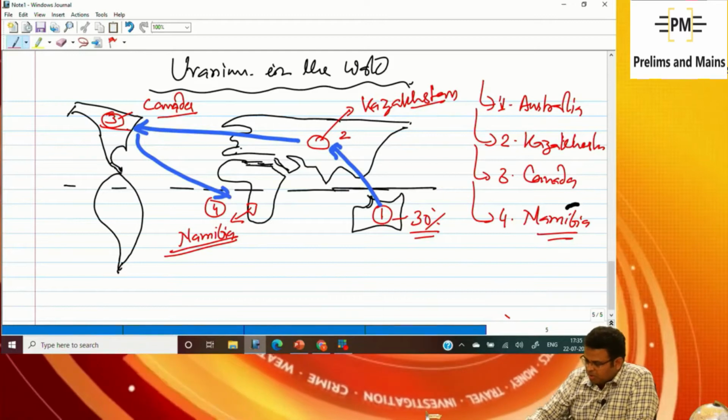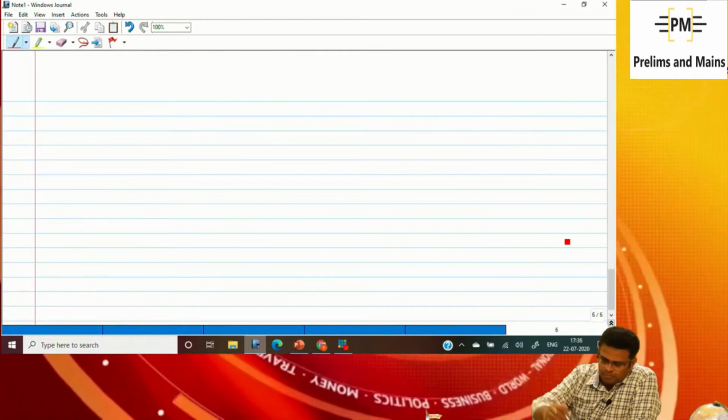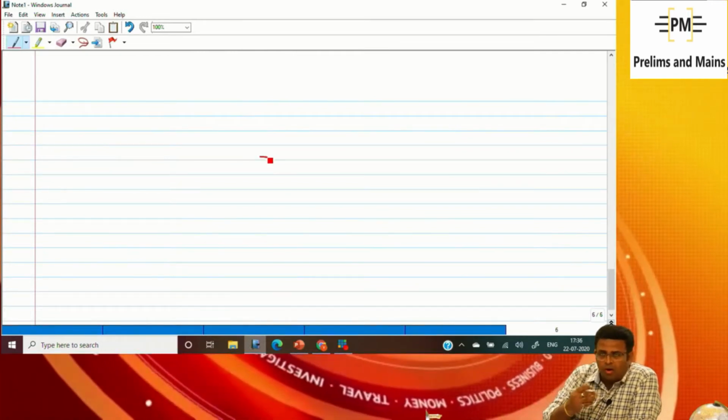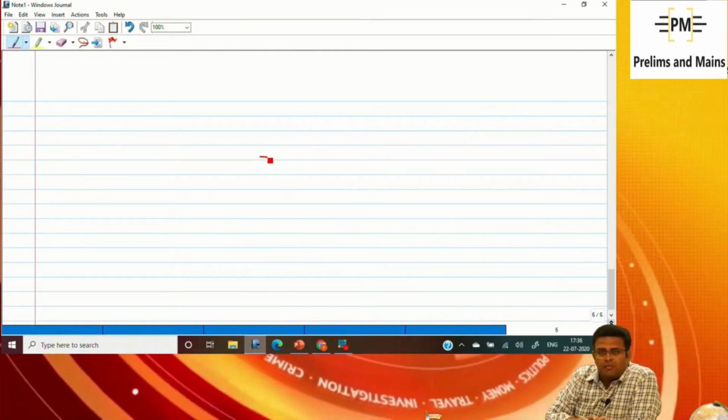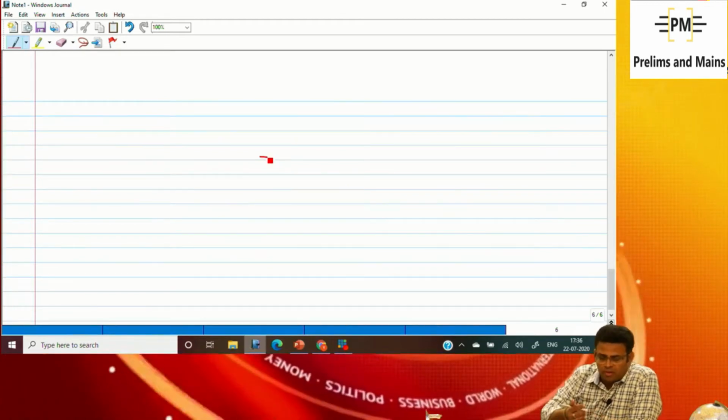It is clear. So the next point: we have seen uranium in the world, uranium in India, and you already know that natural uranium is 99.3% uranium-238 and 0.7% uranium-235.